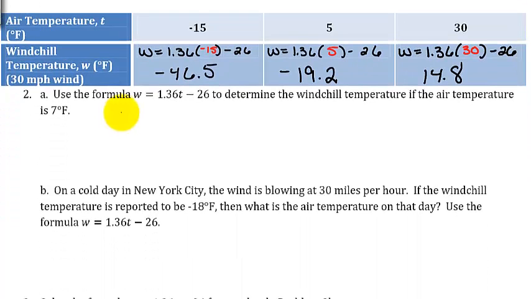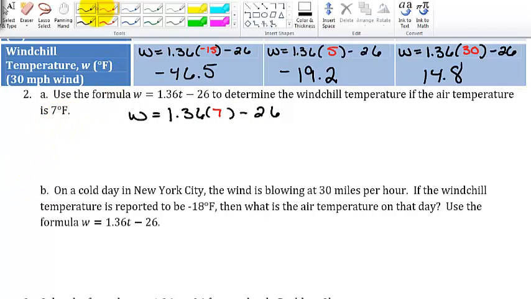In the next example, we're going to use the same formula to determine the wind chill temperature if the air temperature is 7 degrees Fahrenheit. And so again, we're just going to replace T with 7. So I'm going to write out my shell. W equals 1.36 times an empty set of parentheses, and then minus 26. And in the empty parentheses, we put what we want to plug in, which is 7.